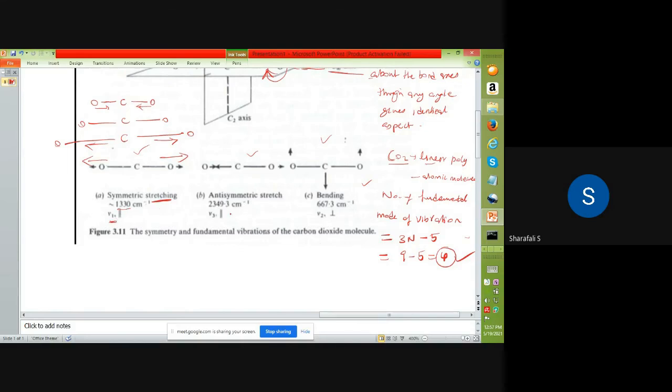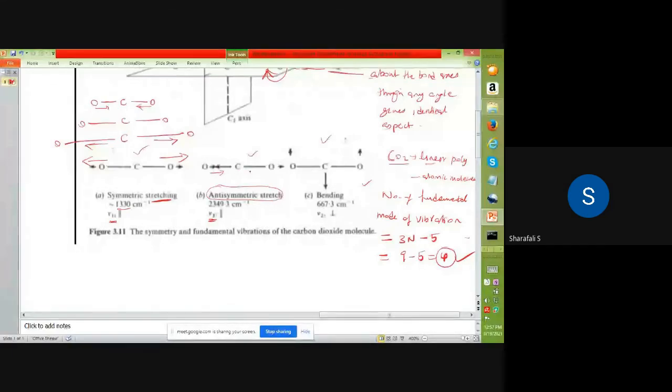And this is mu3 because it is antisymmetric. That is mu3, and this is at 2,340. In this case, only one oxygen goes towards carbon, carbon goes towards this oxygen, and this one is fixed.